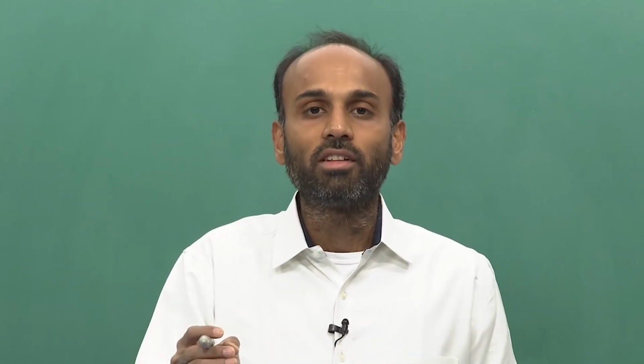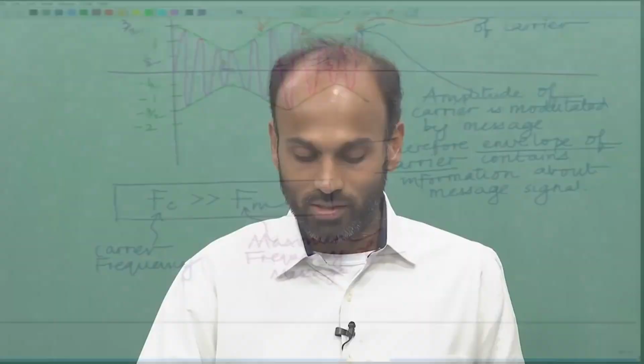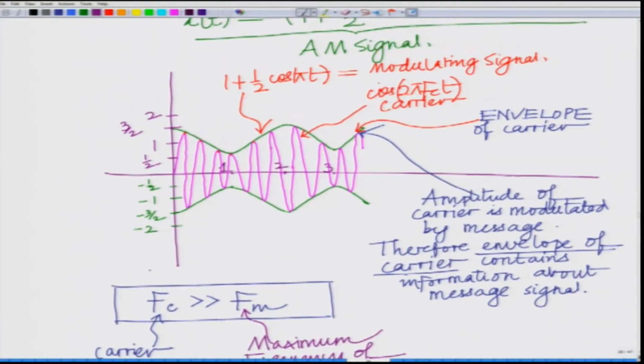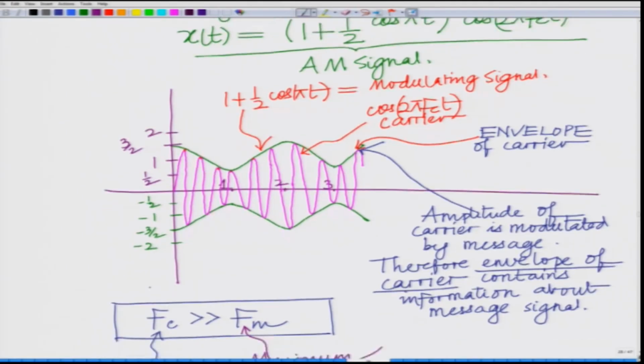Therefore, the maximum frequency component of this message signal has to be much smaller than the carrier frequency. The carrier frequency is usually chosen to be much larger than the maximum frequency component of the message. So, you can see that the carrier frequency is much larger than the message frequency.